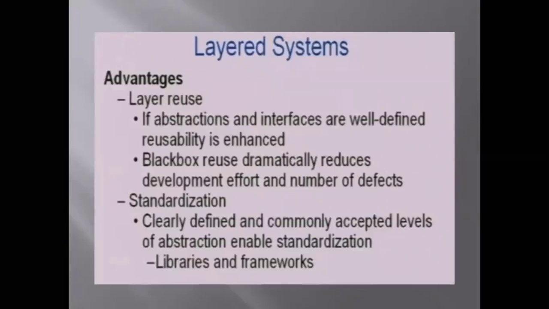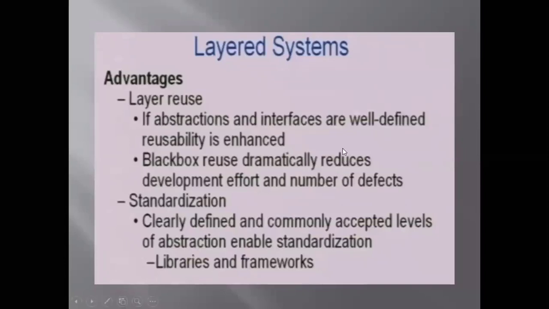Now we'll see some of the advantages of the layered system. How can we make use of layers? If at the topmost layer the abstractions and interfaces are well defined, those can be reused. So we should always have well-defined interfaces and abstractions in the topmost layer.